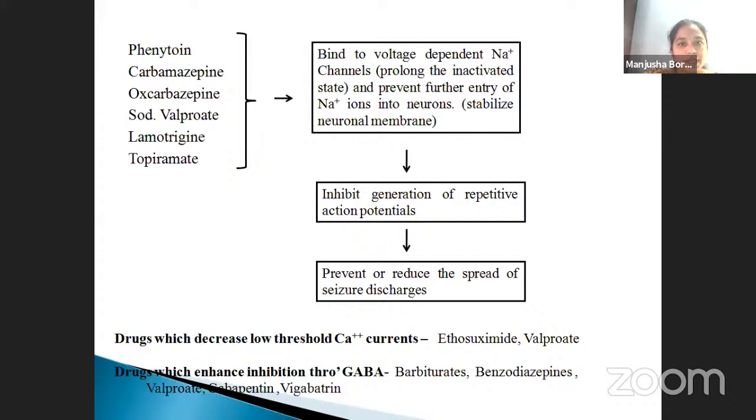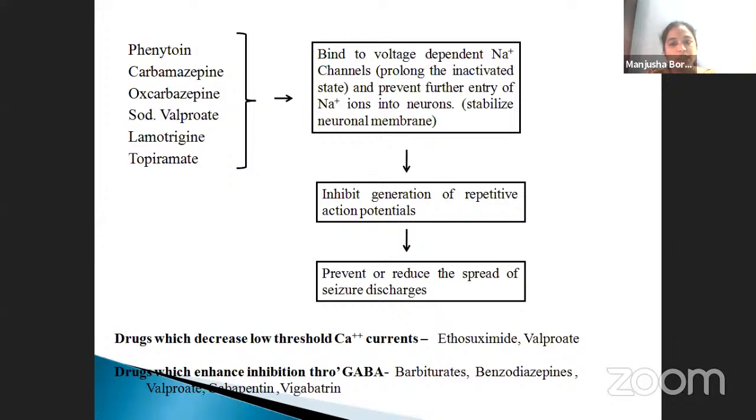These antiepileptic drugs act by one or more mechanisms: phenytoin, carbamazepine, oxcarbazepine, sodium valproate, lamotrigine, topiramate. These drugs bind to the voltage-dependent sodium channel and prevent further entry of sodium ion into the neuron, causing a membrane stabilizing effect, and also inhibit the generation of repeated action potentials and reduce the spread of seizure attack.